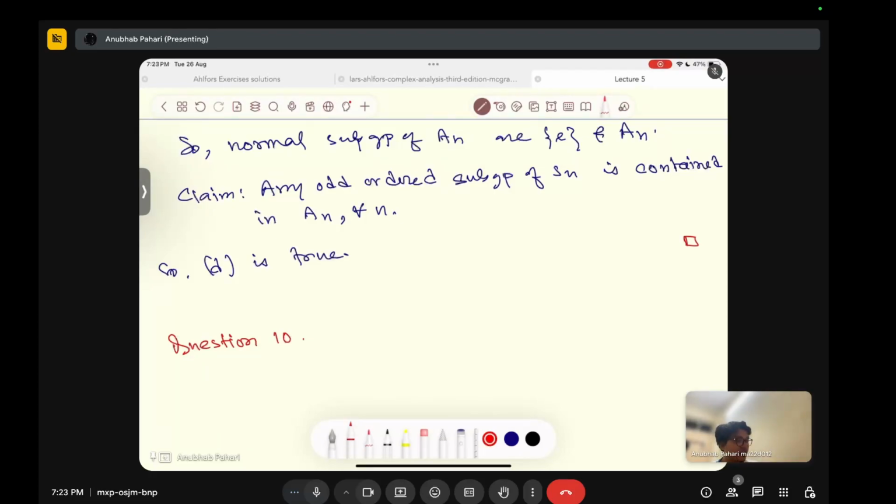It's on the Sylow p-subgroup only. Yes, you can send it to WhatsApp, or where I can check. In that question, we have to calculate the number of 3-Sylow subgroups in the dihedral group of order 84. Okay, send it to me. Okay, sir.